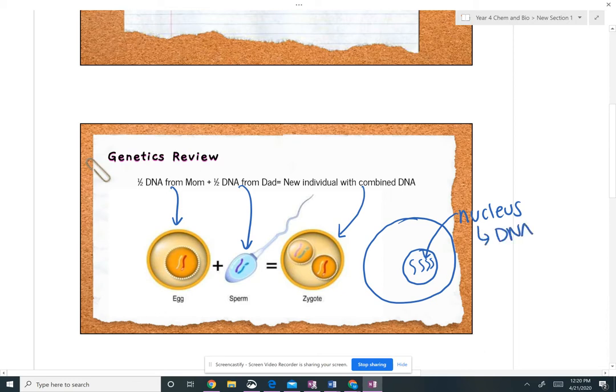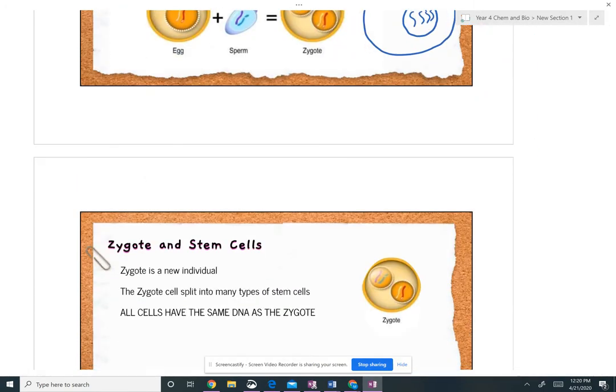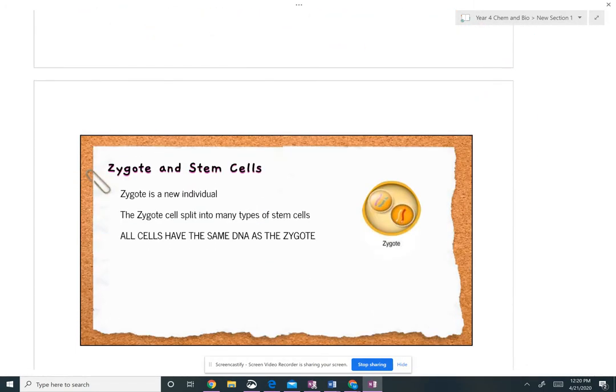That's the big thing that you have to know: in that nucleus, we have that DNA, and this DNA is going to be passed down to all the cells, right? The new cell that we made with our combined DNA splits off into many different cells.